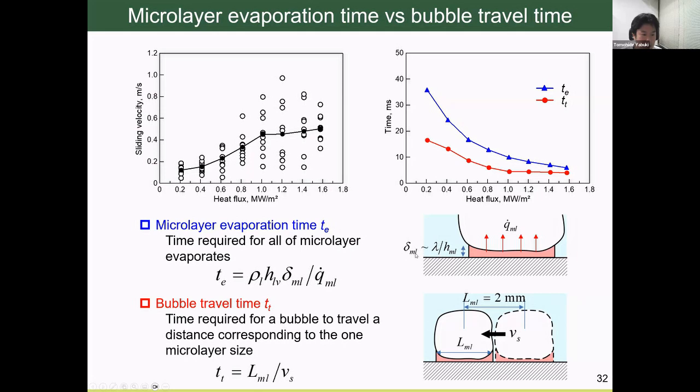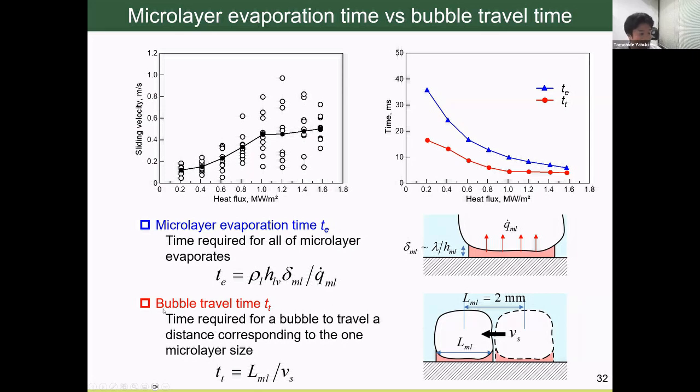The microlayer thickness was roughly estimated from the average heat transfer coefficient in the microlayer region, and we use the average heat flux in the microlayer region as the evaporative heat flux.